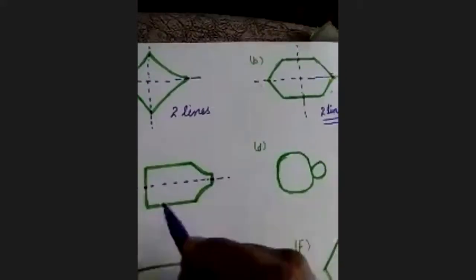Next is part C. Now draw the line of symmetry. This figure has only one line of symmetry.